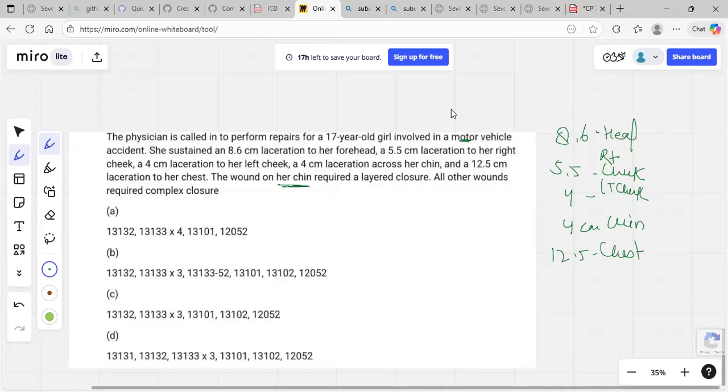The wound on her chin required layered closure. Rest all are the complex closure.